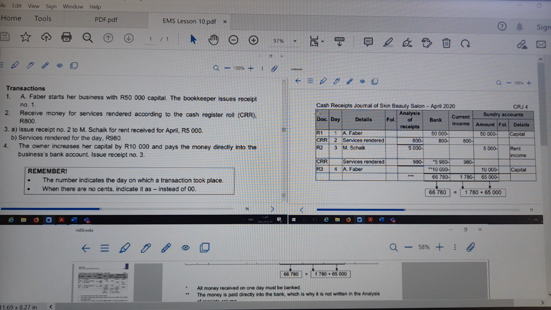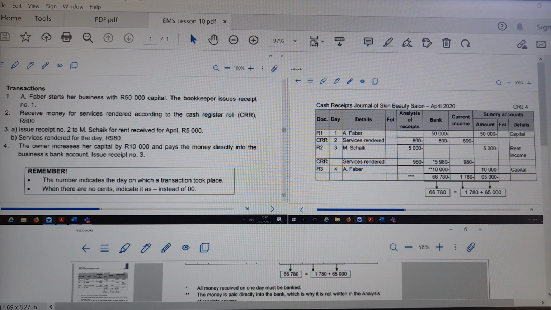Here we know it's the source document. Here is the day the transaction happened, and here the details is who did we get money from. And this one, we don't have to worry about it until we do the general ledger. And the analysis of receipt, it's the money that we have received, right?